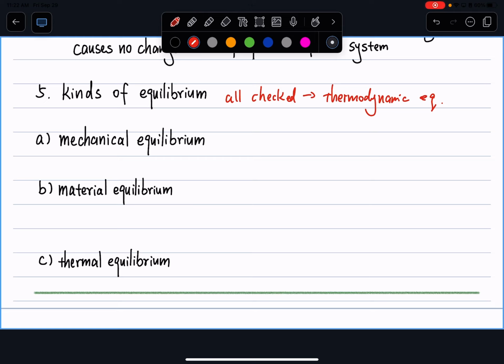Now, in here, we have three different types of equilibrium we will be talking about. The first one being mechanical equilibrium. So mechanical equilibrium just tells you the macroscopic forces and movement are being balanced, or effectively what it says is the system undergoes no acceleration.